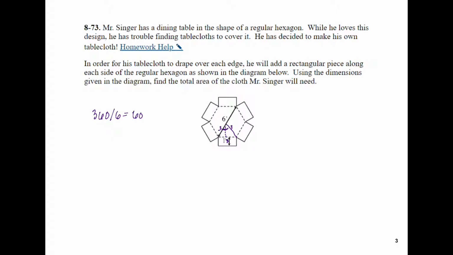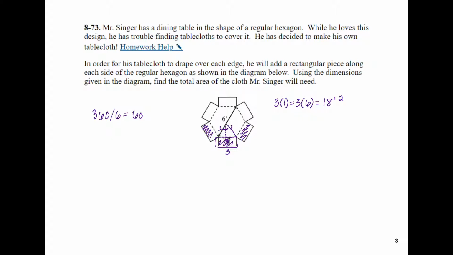So if I know I'm working with a 60-degree angle, it does in fact prove that it's an equilateral triangle, and the length of my rectangle is 3. So if the height is 1, I know that the area of all of my rectangles would be 3 times 1, which equals 3, and then we want to multiply by 6 because we have 6 of them. So we need 18 units squared.